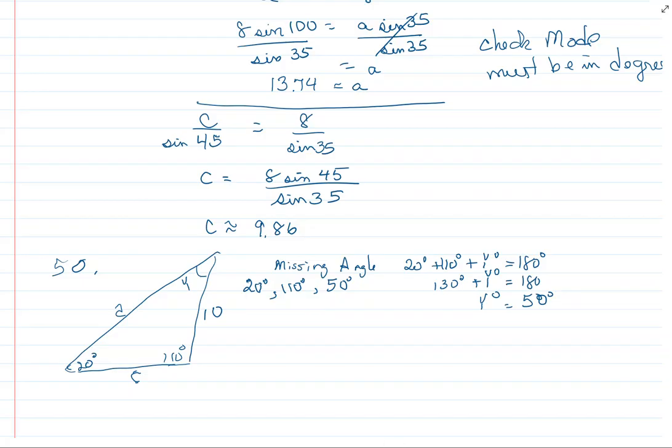So I'm going to put 10 is to sine of 20 as A is to sine of 110. All right, so this means I multiply by this guy: 10 sine 110 divided by sine 20 has to equal A. Is that good? All right.